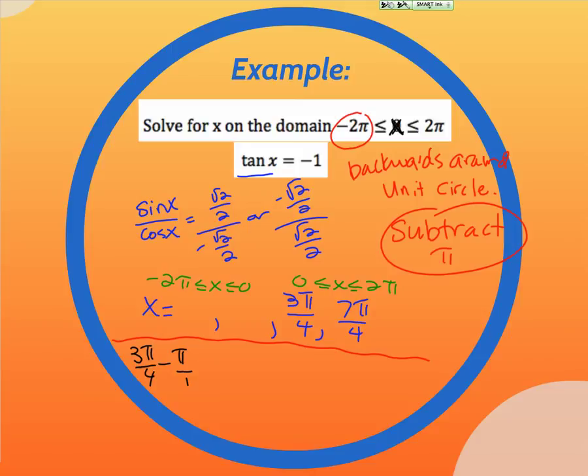So what do I multiply pi by? It has 4 in the denominator. 4. So I've got 3 pi over 4 minus 4 pi over 4. Negative, yeah. 3 minus 4 is negative 1. So you've got negative pi over 4.